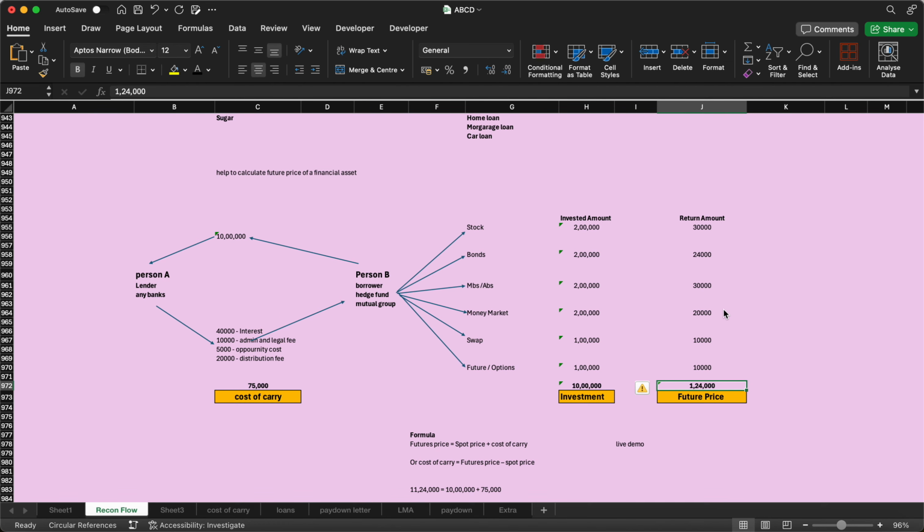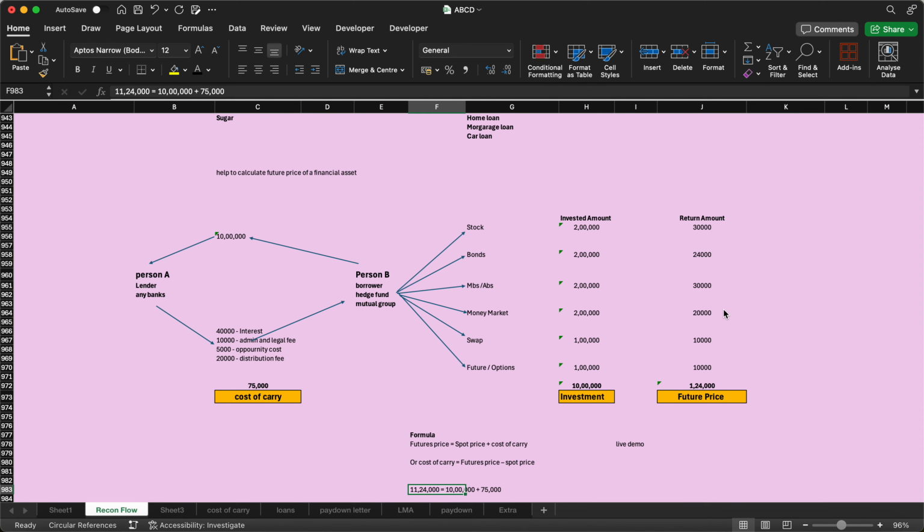We take a hypothetical example; this is a 1 month scenario. In the 1 month scenario, 75,000 is the cost of carry, but they invested 10 lakh and got a return of 1 lakh 24,000 as a future price. If we correlate this with our formula, 1 lakh 24,000 is the future price, the spot price is 10 lakh rupees plus the cost of carry of 75,000. Whatever profit they are getting after reducing this, it came around 49,000 if you calculate it.